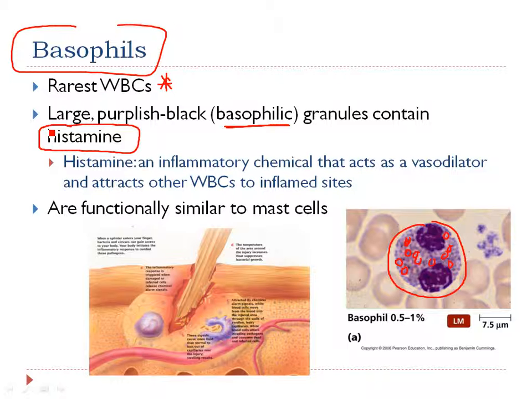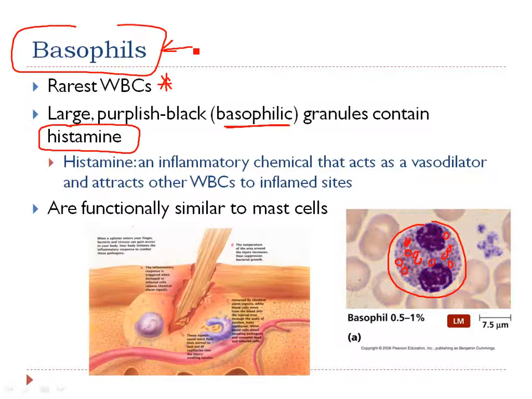Now we've all heard of histamine before, in the context of antihistamine, because those are drugs that we take to help reduce symptoms of allergies. Histamine is a chemical that is released by basophils, and also your mast cells that are present in your tissues. You hopefully talked a little bit about mast cells when you studied tissues and the integumentary system in Biology 201.